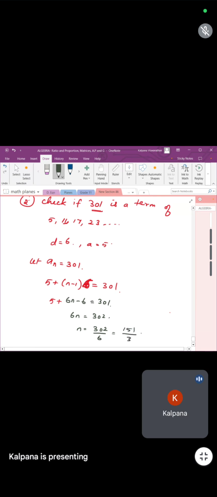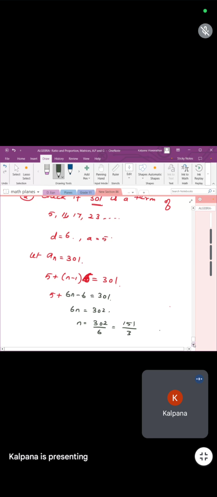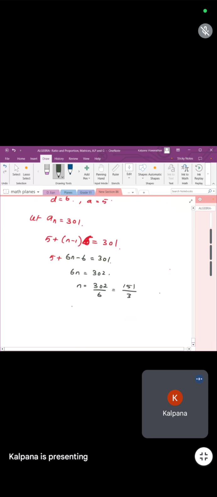It is not divisible, definitely a fraction, not a whole number. So this 301 is not a term. The way of questioning may differ. They'll ask whether it is a term in this sequence, or check whether it comes in the list of these numbers. So the language you must understand, children.